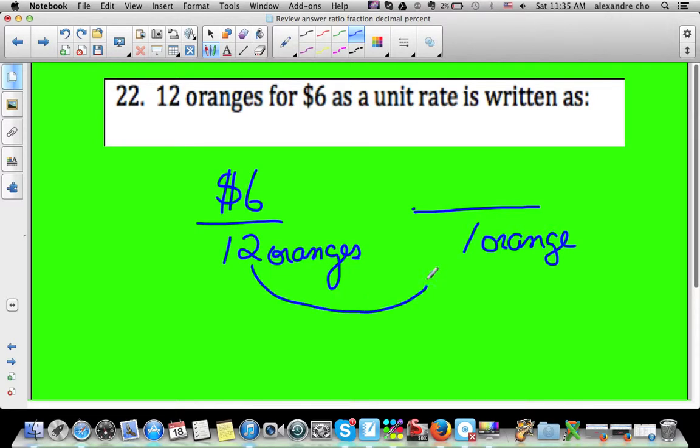How does 12 become 1? Divide by 12. So the top has to be divided by 12. 6 divided by 12 in this case gives you 0.5. So you can say that every orange is 50 cents for 1 orange, and that's how you write a unit rate.